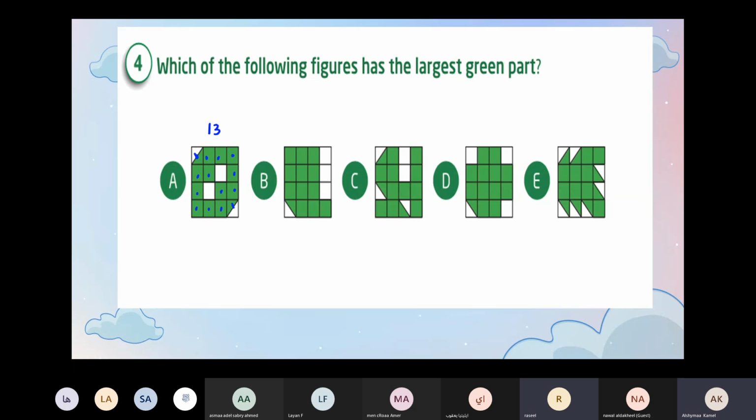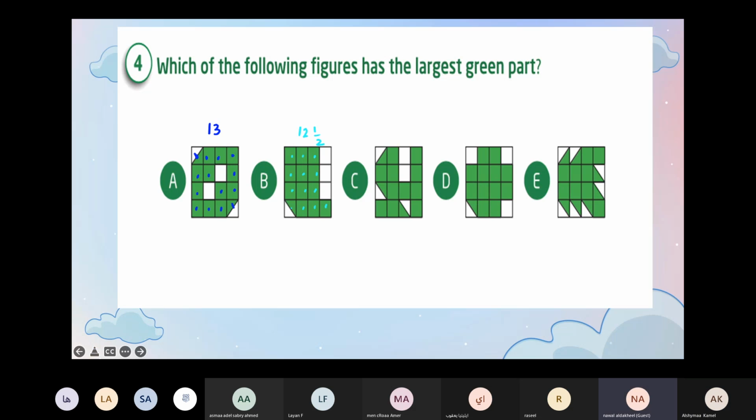How many green parts? 1, 2, 3, 4, 5, 6, 7, 8, 9, 10, 11, 12, and half. 12 and a half. Okay. Thank you.